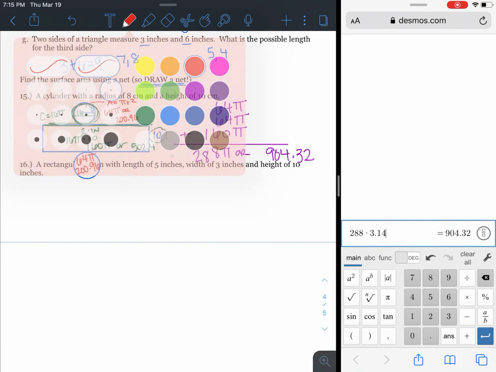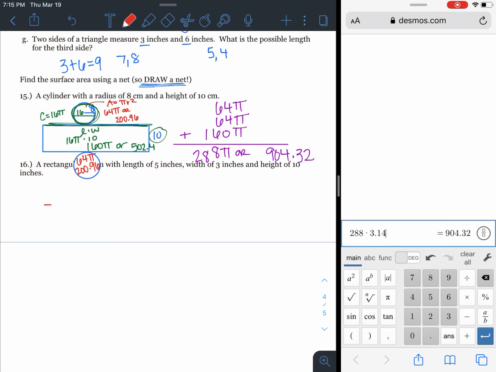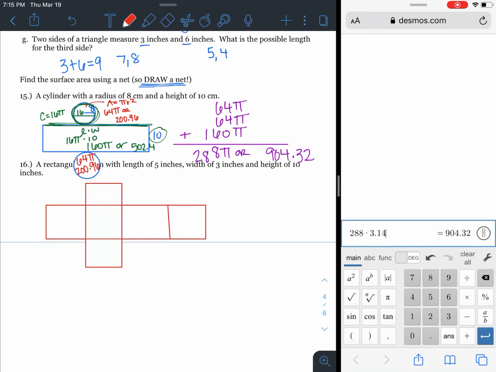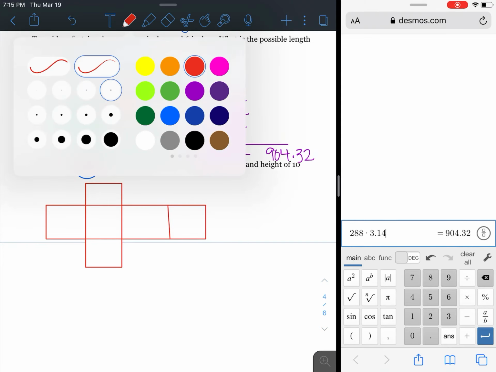All right, last one. Rectangular prism net. Remember, it's a rectangle in the middle. And then another one kind of forming a T. And then you should have another line to make 4 down the middle, and then 1 on either side. You should have 6 sides.